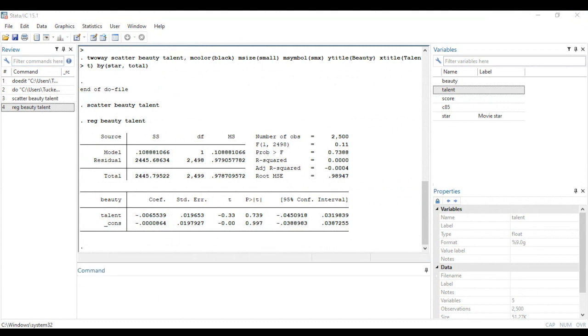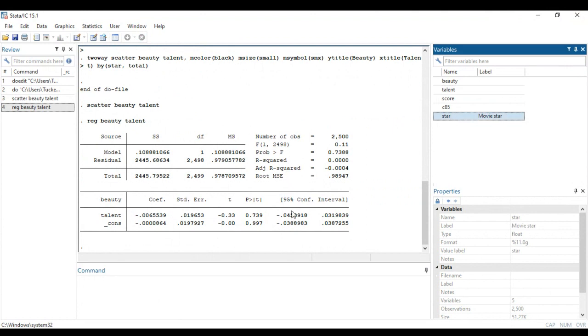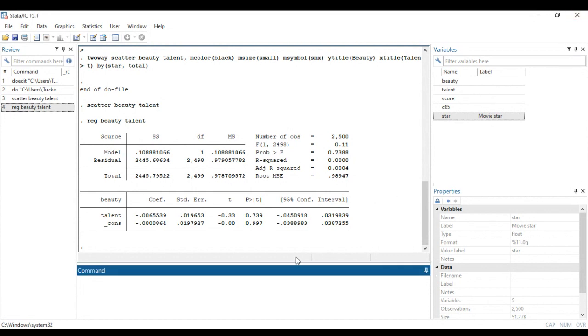Okay, but then notice that I have this third variable here called star, and basically that's just a binary variable. So star equals 1 if your combined beauty and talent score is in the 85th percentile or higher. So basically, if you have above average combination of beauty and talent, then you get designated a movie star.